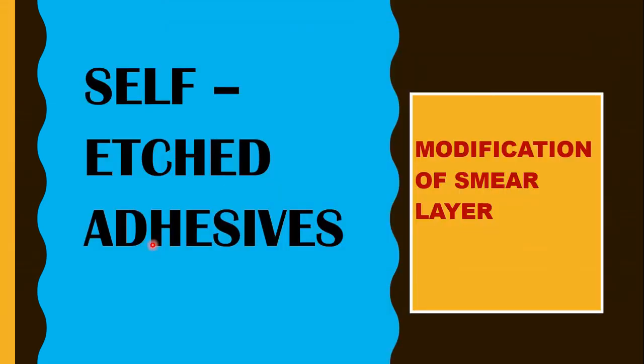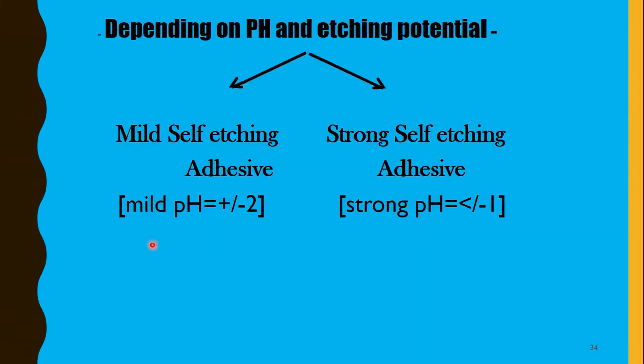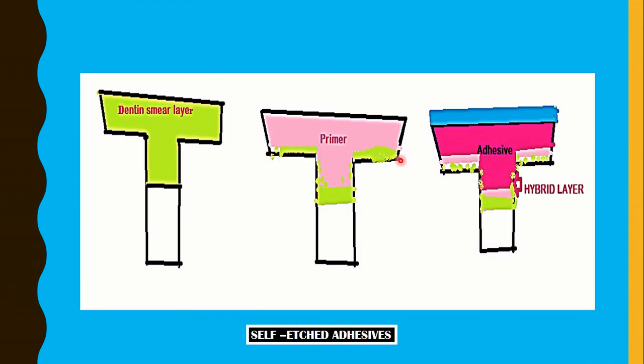So coming on to the self-etch adhesive, here there is modification of the smear layer. Depending on the pH and the etching potential, they are classified as mild self-etching adhesives and strong self-etching adhesives. So what is the difference of this self-etch adhesive from that of the total etch?